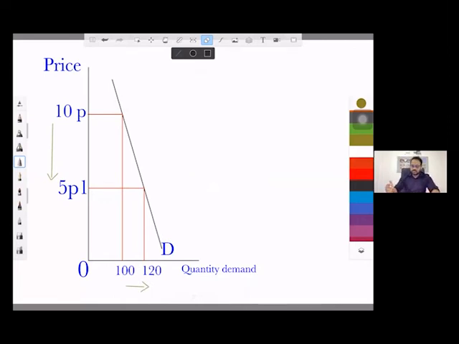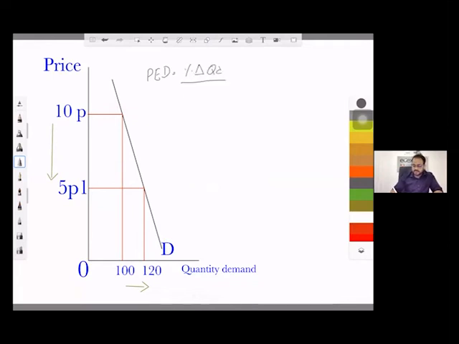Is that clear? So simple example, I'll again do the calculation here. PED equals percentage change in quantity demanded divided by percentage change in price. So what is the percentage change in quantity demanded? 20 is the change divided by 100 into 100, cancel, plus 20.